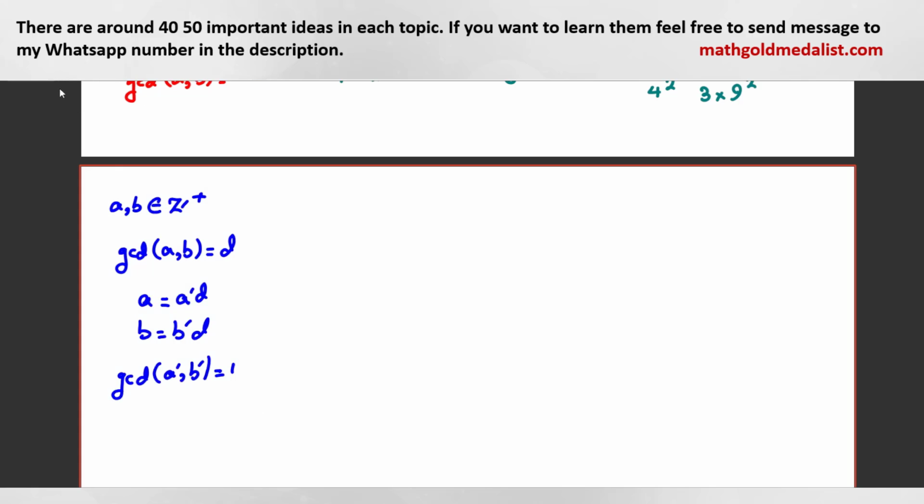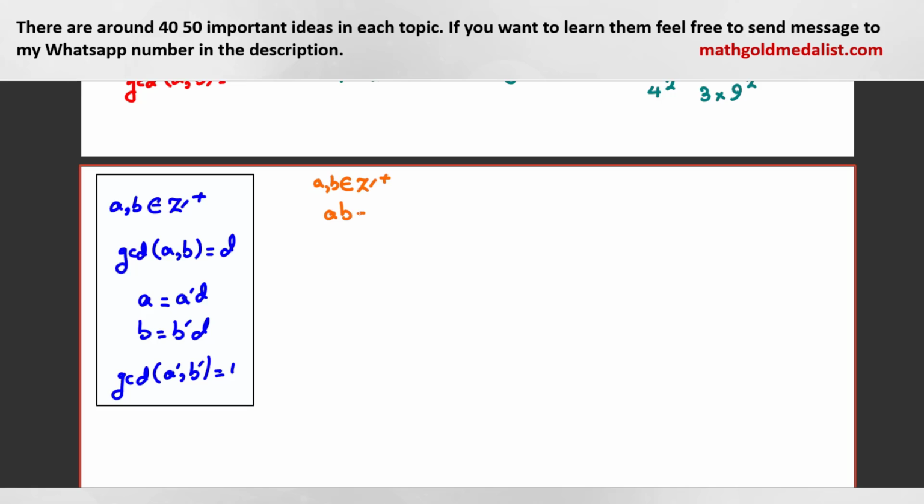This form again is so much important. Let me show this. Now, if we had, for example, a problem, it says again, a and b are positive integers, and ab is x squared, and GCD of a and b is d. In the previous case, we considered only the case that a and b are relatively prime, right?